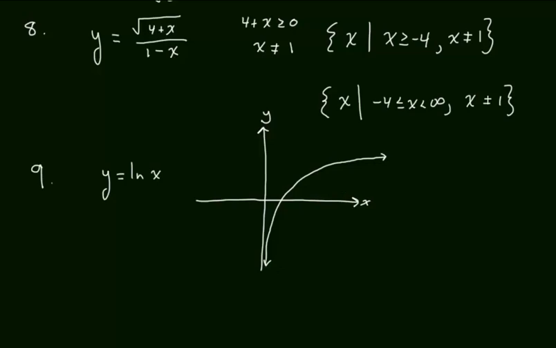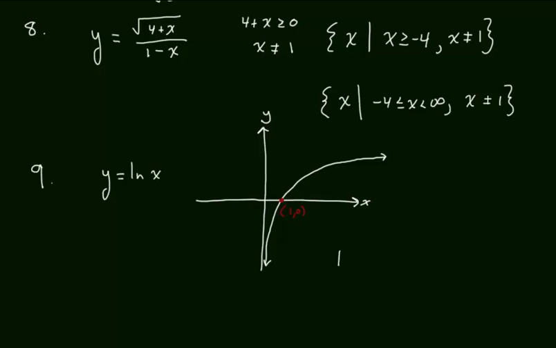This special point here is the x-intercept (1, 0). That tells me that the natural log of 1 is 0. The natural log of any value of x greater than 1 will be positive, and the natural log of any value between 0 and 1 will have a negative return.